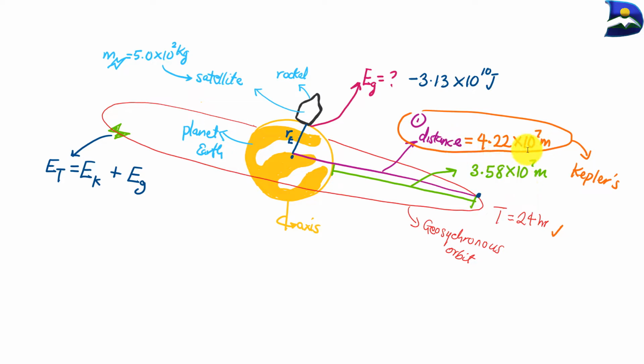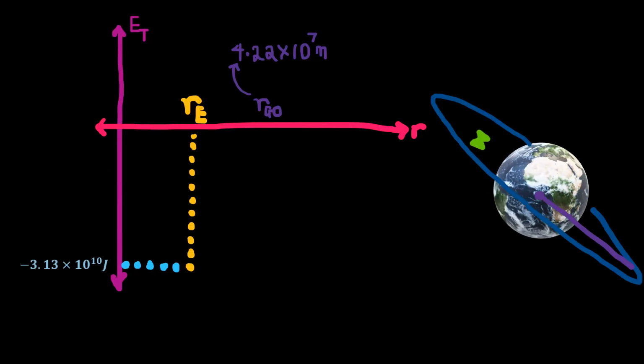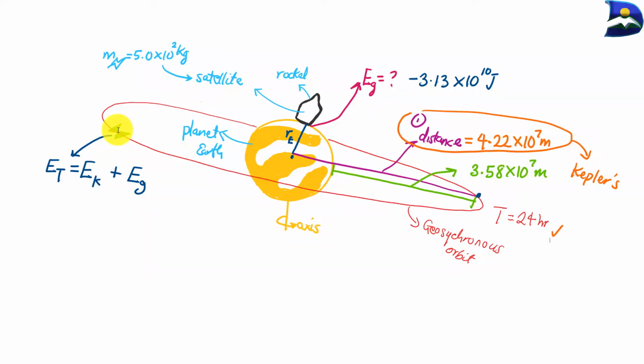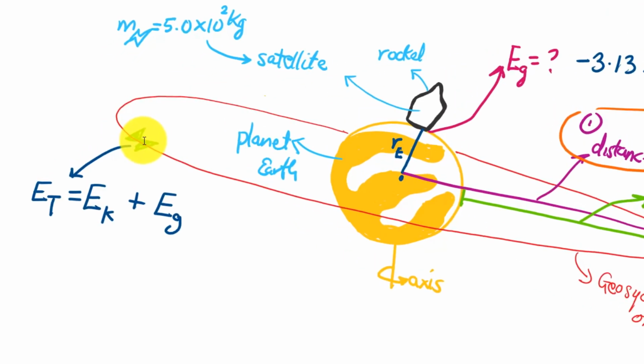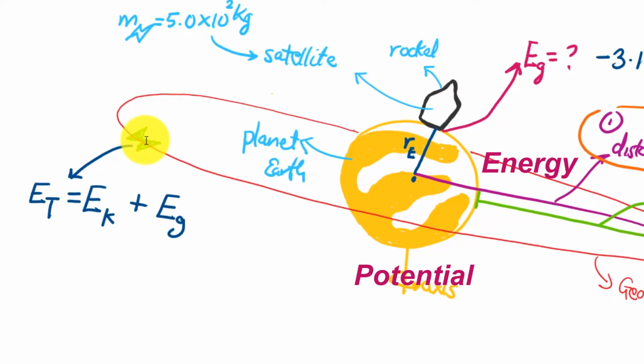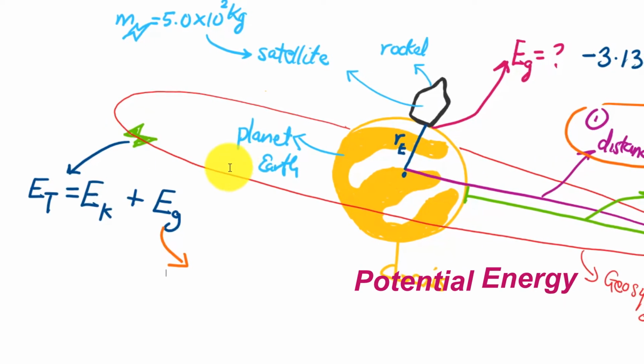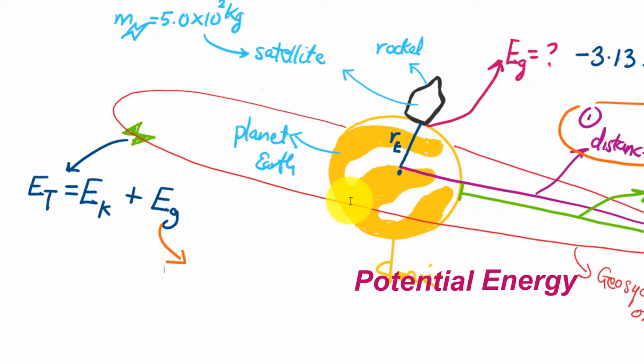Now, this number will come in handy as we move into this stage of our total energy, where our satellite is positioned. First, we look at the gravitational potential energy when our object, the satellite, is positioned at the geosynchronous orbit.